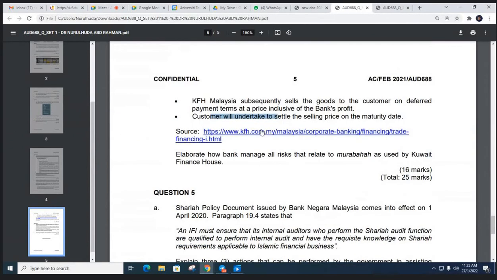So, how bank manage all risks that relate to murabahah? Okay. So, how to answer this is you look at what types of risks that occur in murabahah. Okay. At the beginning, during the transactions and at the end, what types of risk that might occur dalam murabahah ni? Financial risk. Financial risk tu apa type of risk?